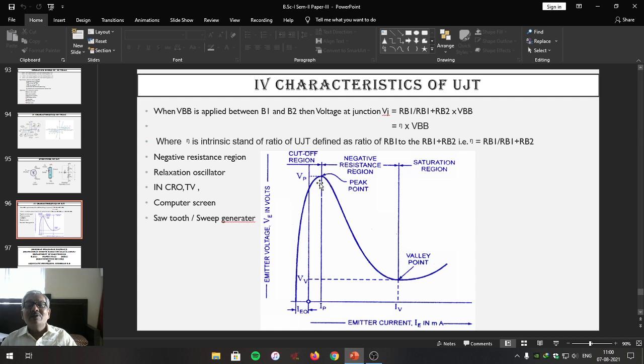And the voltage at this particular peak point is represented as Vp. And that Vp is given by Vd plus eta times VBB, where Vd is the voltage across the PN junction diode which is a part of UJT. So for silicon it is 0.6 volt, for germanium it is 0.2 volt, plus eta times VBB. So that voltage we call the peak voltage, which exists at the peak point where the emitter current is maximum.